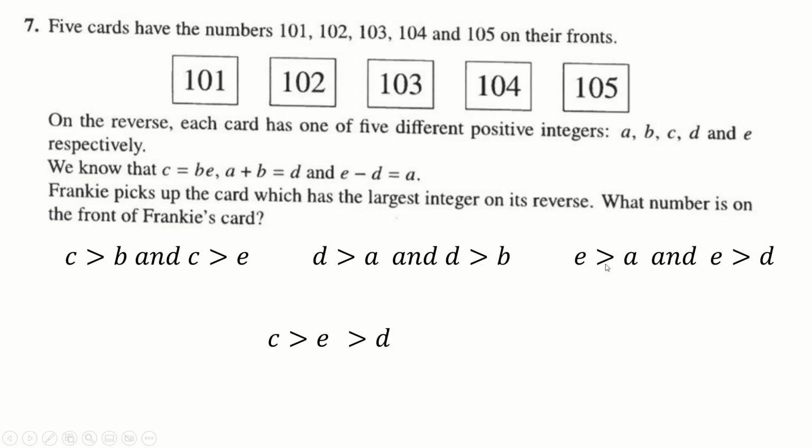C is bigger than E, which is bigger than D over here. Sorry, so E is bigger than D, which is then bigger than A. Okay, so E was bigger than A, but there's a D in between them. And now B is less than D, so it's somewhere over here. Don't really care. The largest one is C, so that's on the other side of 103.